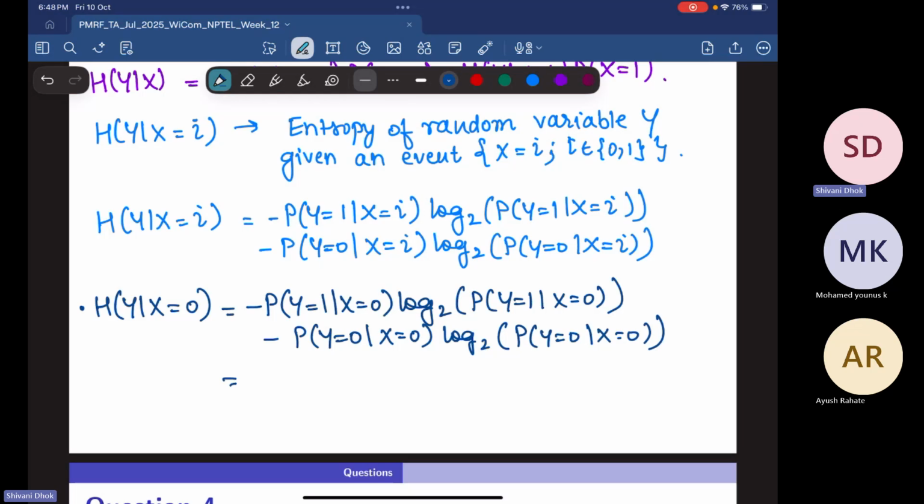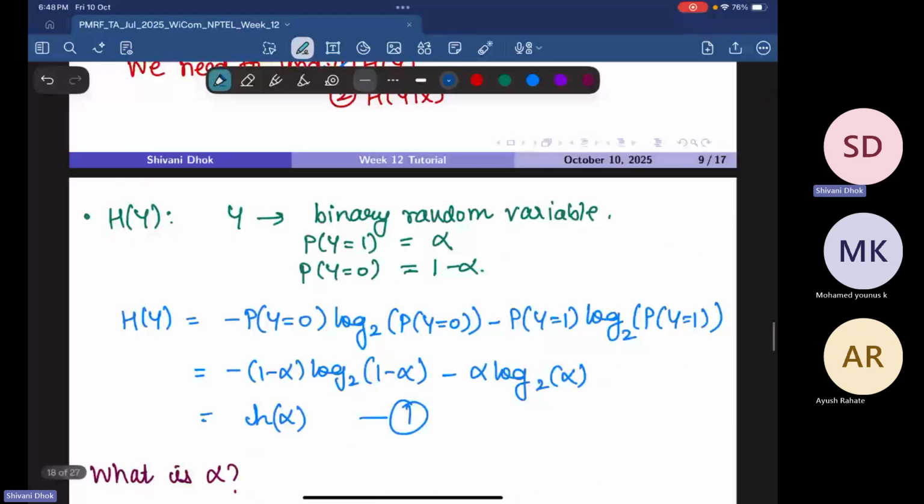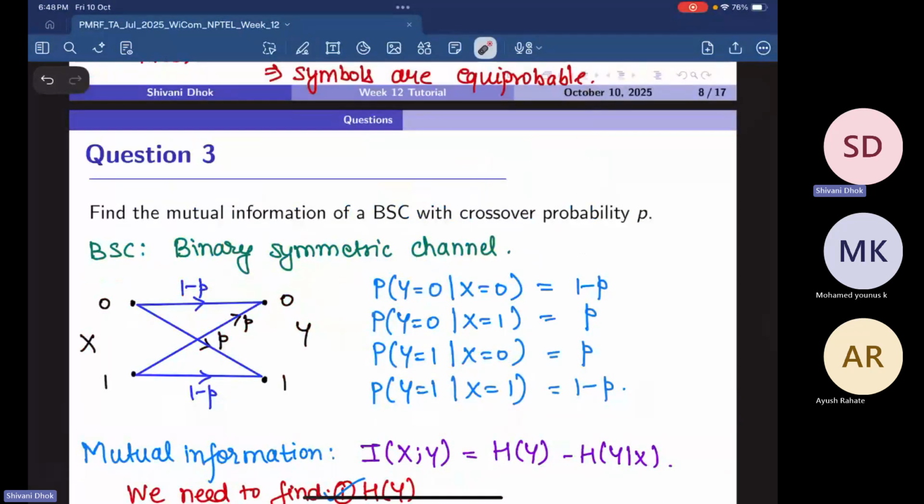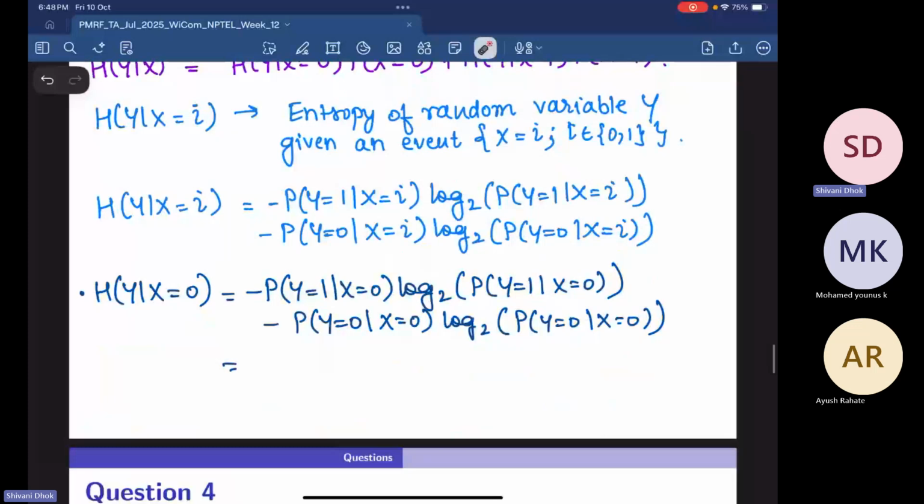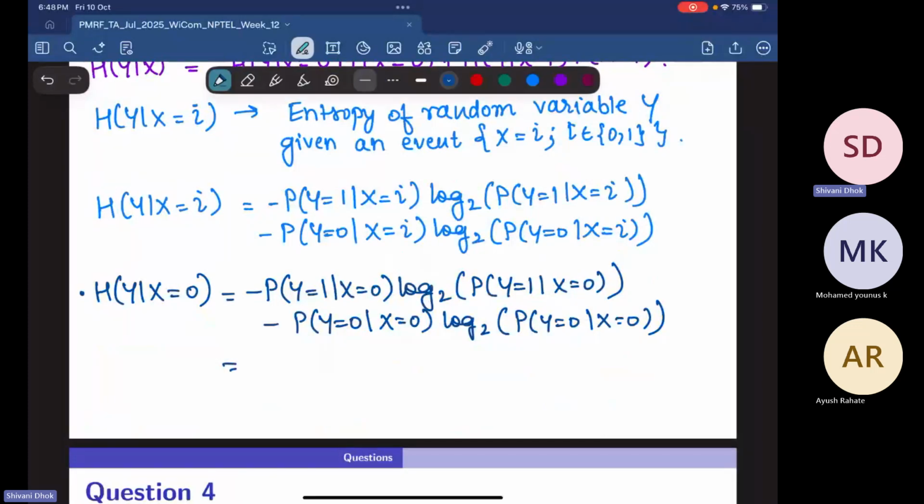Now probability of Y equal to 1 given X equal to 0 is what? It is p. So this is minus p log to the base 2 p, minus (1 minus p) log to the base 2 (1 minus p), since Y equal to 0 given X equal to 0 has probability 1 minus p. So this is nothing but little h of p.